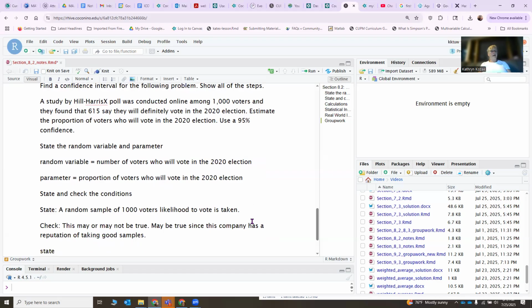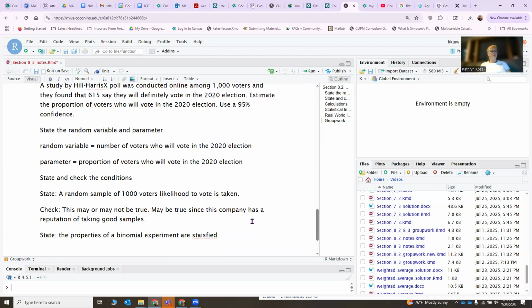The next thing is to state that the properties of a binomial experiment are satisfied. And we're going to check this. So there is a fixed number of trials. There are 1,000 voters asked.